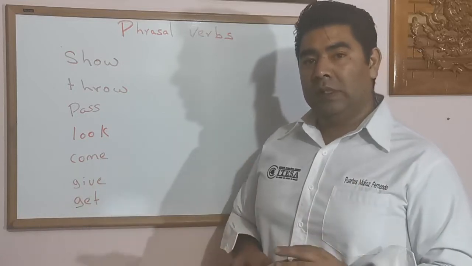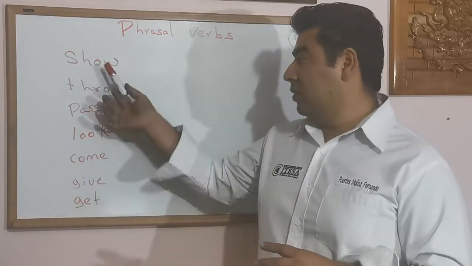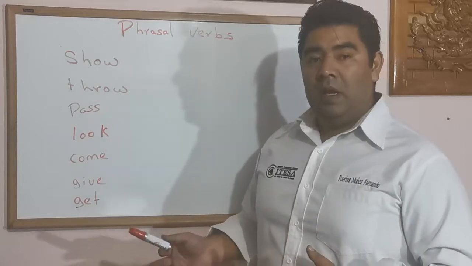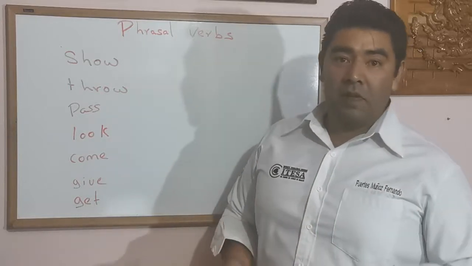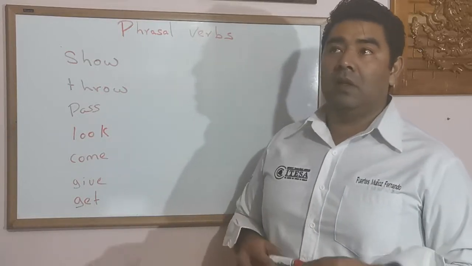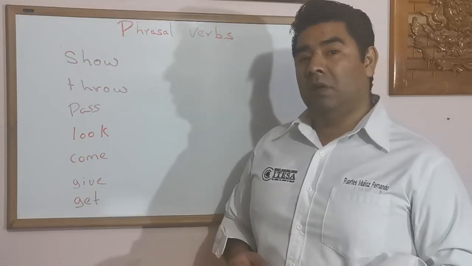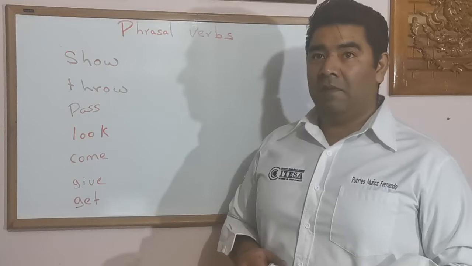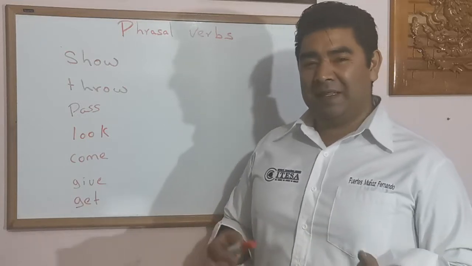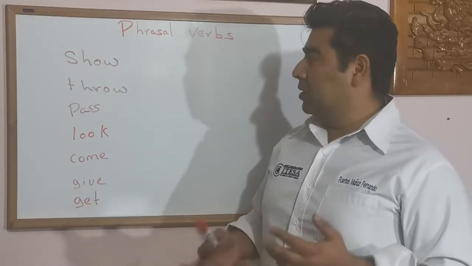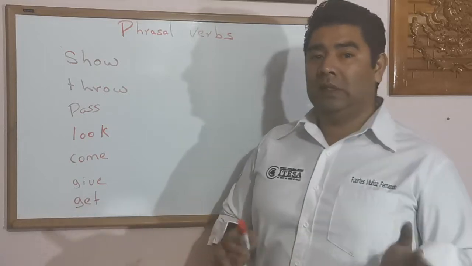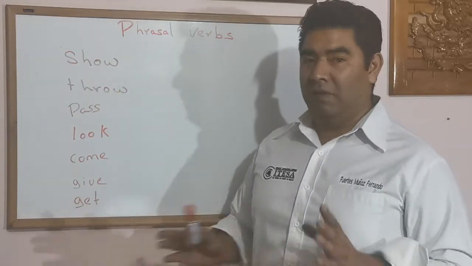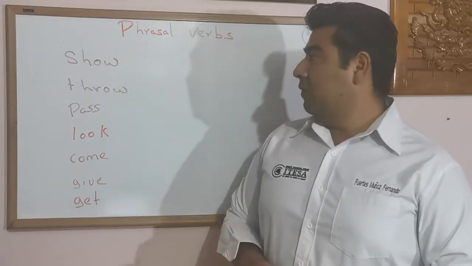You will always have a preposition in front of the verb. And the difficult thing is that sometimes they make sense because you can relate the meaning of the verb by itself.